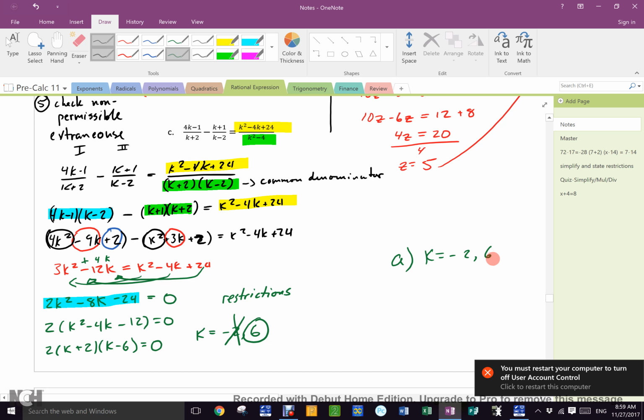Negative 2 and 6. And how many of you would circle A? Be honest. A few of you would, wouldn't you? Right? What does that tell me as your math teacher? If you got all the way to here, how much math did you do? Crap loads. Right?